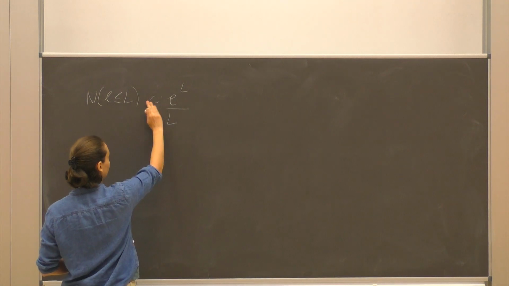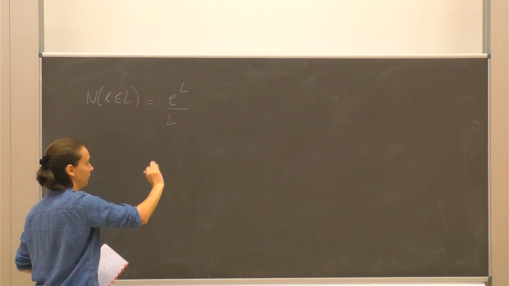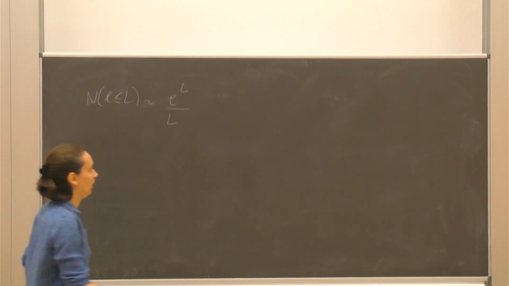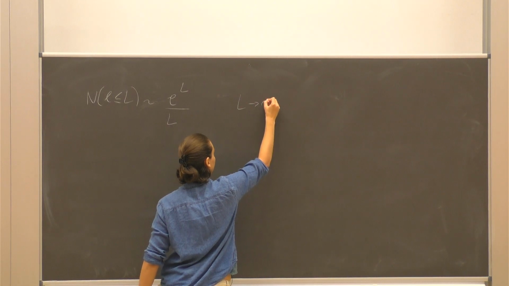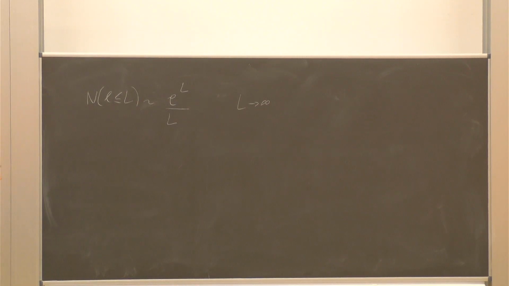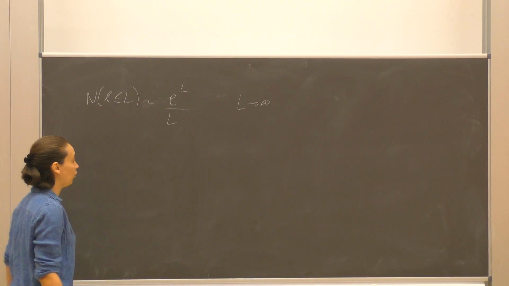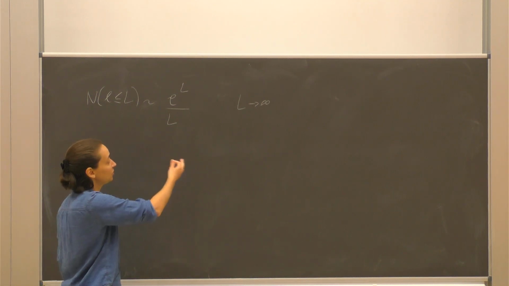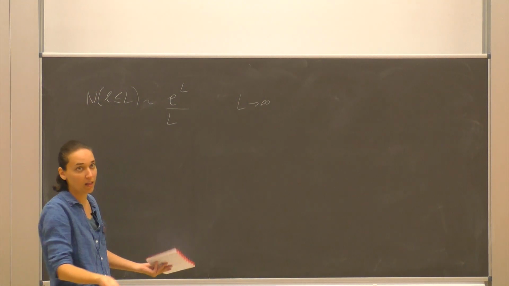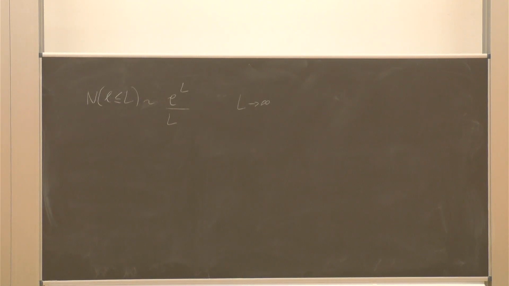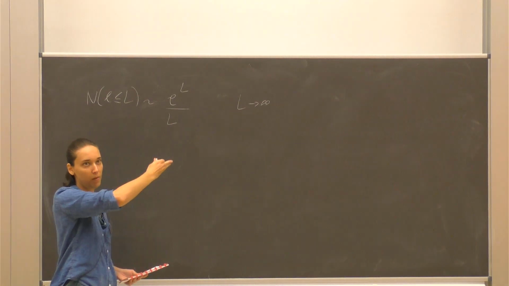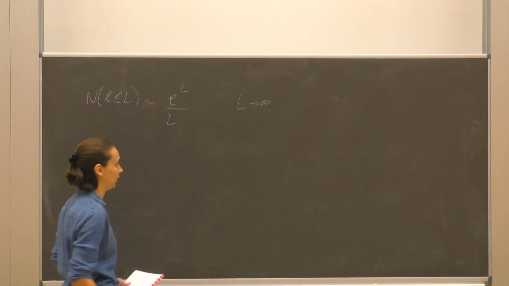I'll just write an inequality, but it's really an asymptotic behavior as L goes big. Of course, in generic chaotic systems, you can have a bunch of different values that L takes, but in this case, it's not true. You have only very specific L's, and the sum of all of them below some value L has to grow in an exponential fashion.